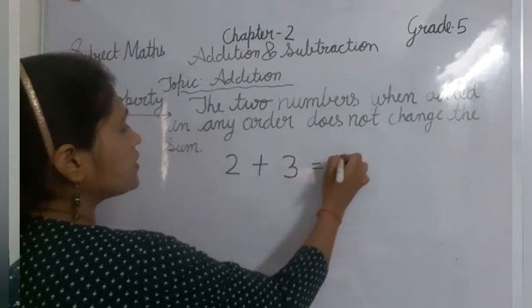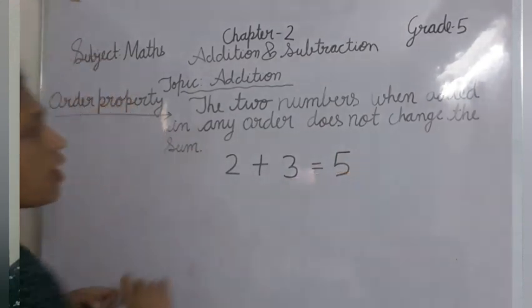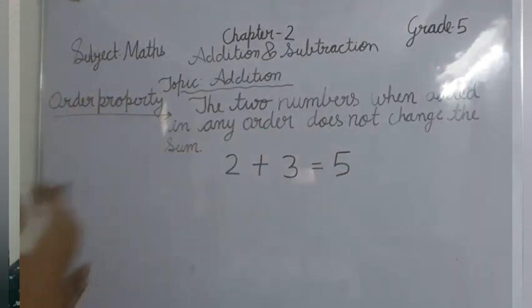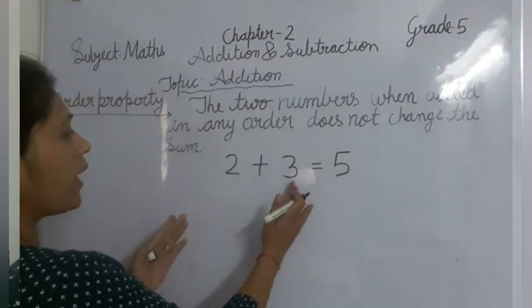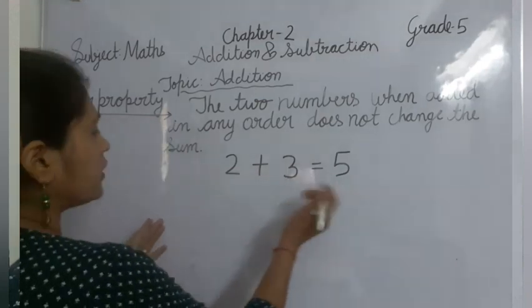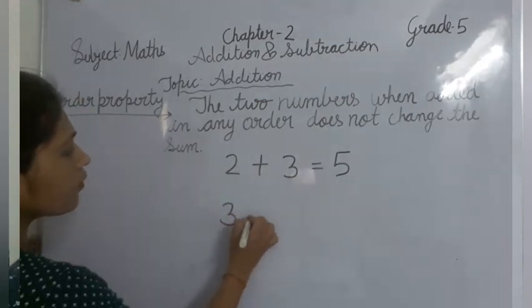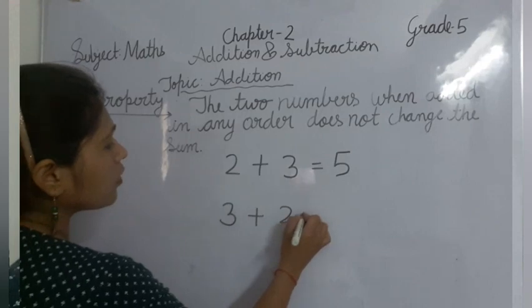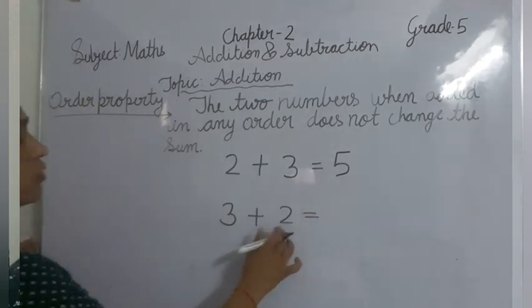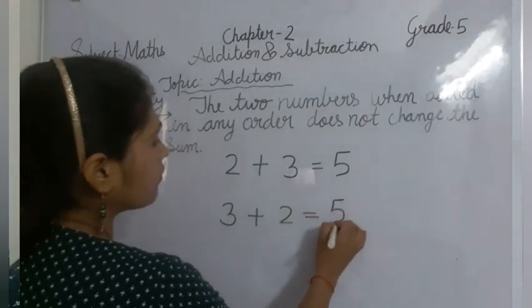So 2 plus 3 is equal to 5. Now I am changing their order, writing 3 here and 2 there. If you add 3 plus 2, it will also come 5.